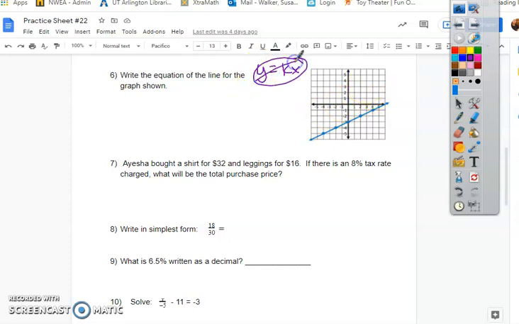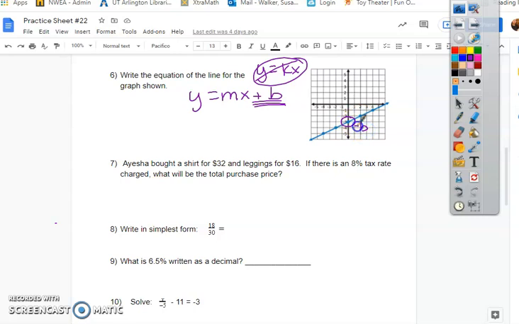That is incorrect, which means we have our other equation, which is y equals mx plus b. Remember, our b is the number that tells us that it's not proportional. So in this case, it's where the line crosses the y-axis.